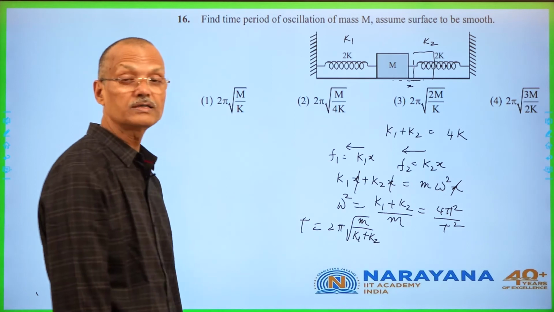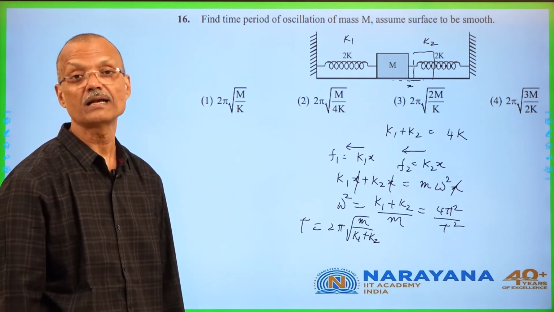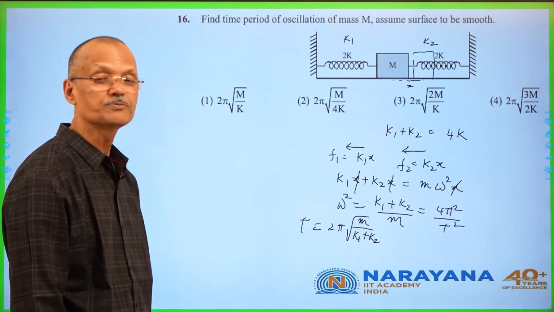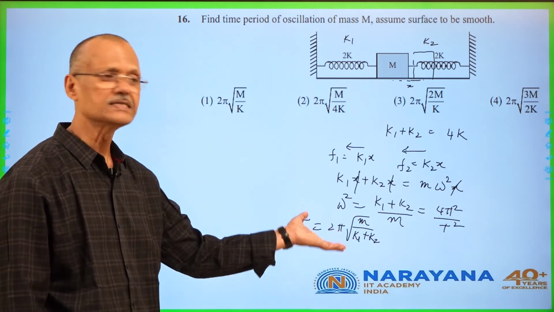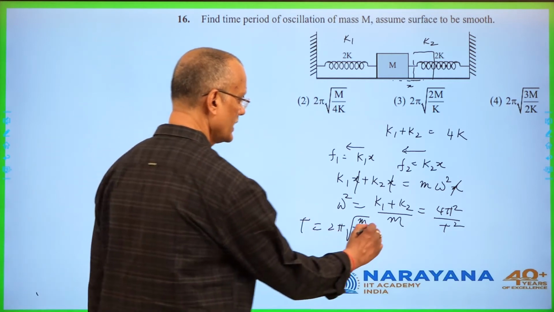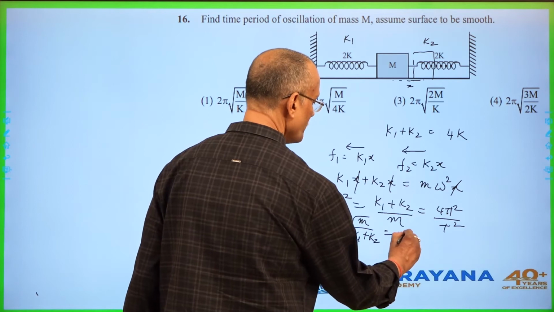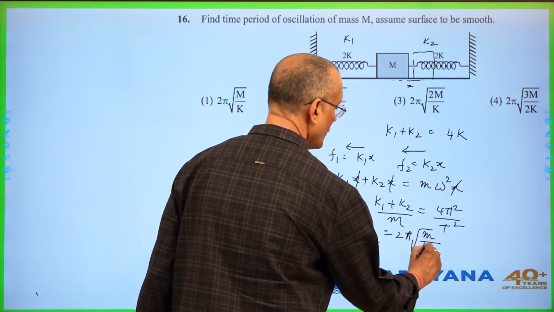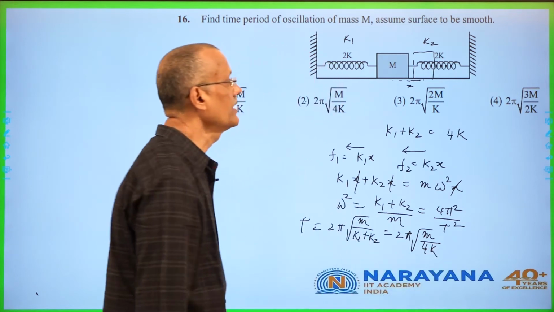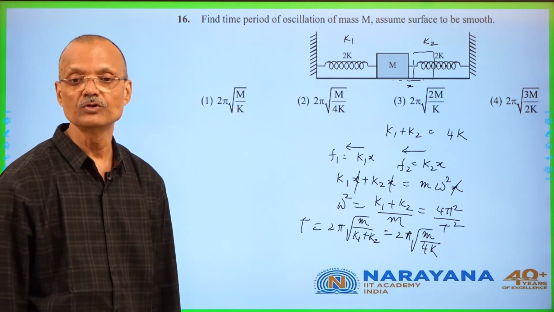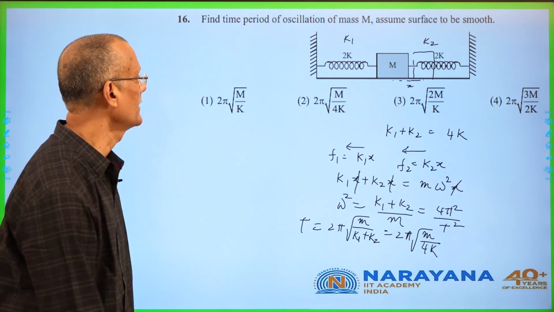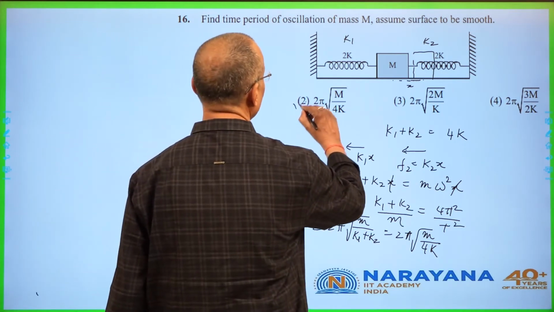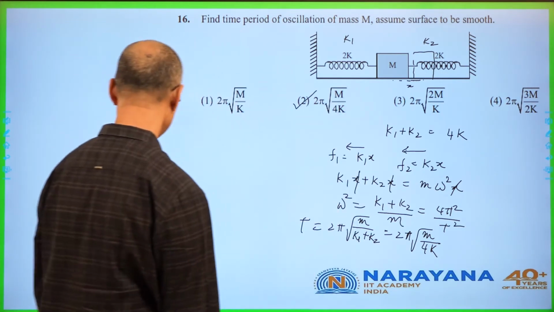If you have forgotten the formula for series and parallel combination of springs, then you can easily derive it. You are getting now 2 pi under root m by 4k, because K1 and K2 they had given you 2k and 2k. So answer here will be number 2.